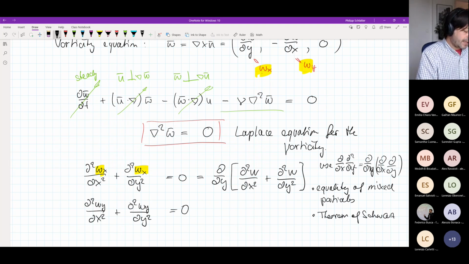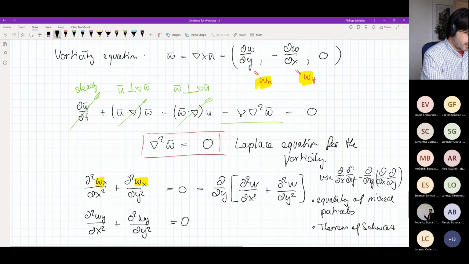I have applied this here. For the first term, I have taken the y derivative out, so I have only the x derivatives, and for the second term, I have omega x again, the y derivative taken out, and then just the y derivatives are left.